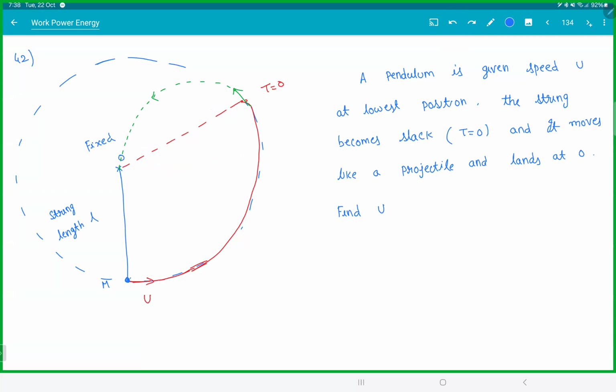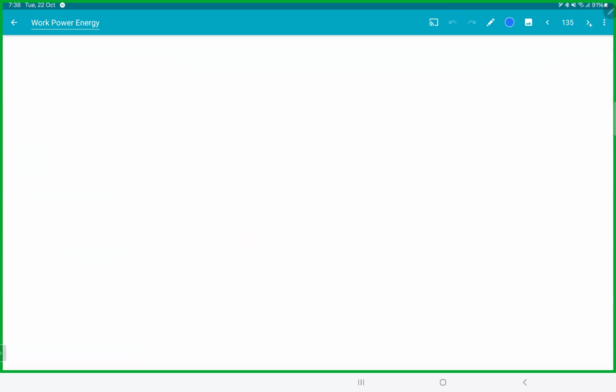Root GL root 6 plus 1. No, that's not the answer. Let's see the first part. Somewhere here it becomes loose.